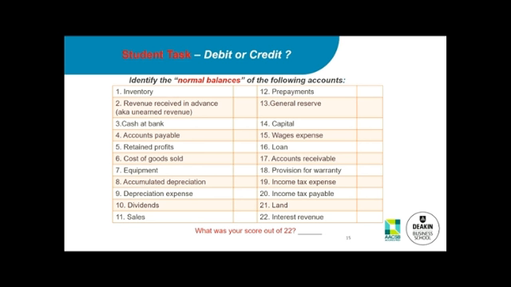Is it normally a debit or a credit? So the first thing you need to know is, what is the nature of each account? Is it an asset, a liability, or an expense, or a revenue? And when you know that, then you relate to that little table that we had on the previous slide, and you can say whether it's a debit or a credit. Okay? All right, 5 minutes to do that little exercise.